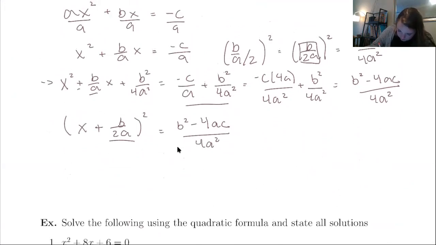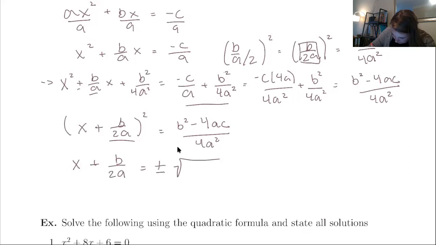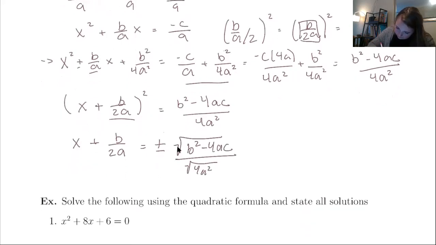So I take the square root of both sides, and I'll get x plus b over 2a equals, I'm taking a square root, so I can't forget my plus or minus, square root of b squared minus 4ac over square root of 4a squared. So x equals negative b over 2a plus or minus square root of b squared minus 4ac.